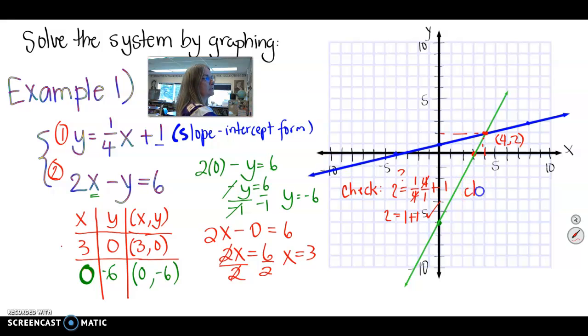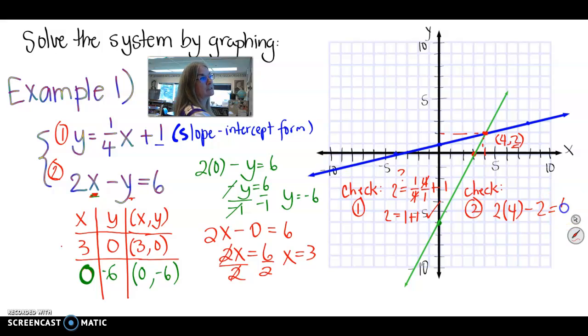But then we also want to check in equation 2, to be sure. So I'm going to put a 4 in here and a 2 in here, see if it gives me 6. So 2 times 4 minus the y value, which is 2 from that solution.